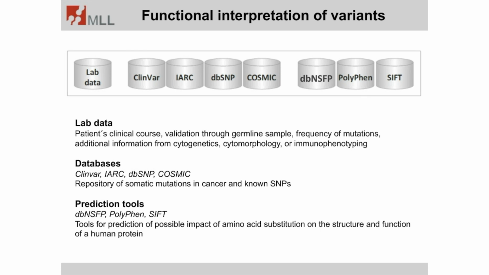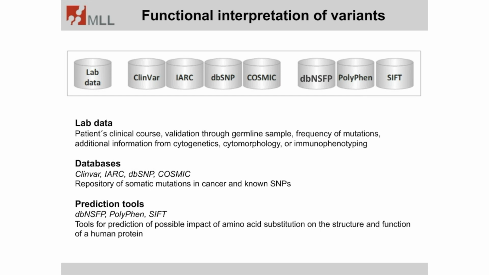Most important is the lab's own database, because we saw a lot of different cases over the last years, all from the field of leukemias and lymphomas. And we can also include the patient's clinical course and orthogonal information like cytomorphology, chromosome banding analysis, or immunophenotyping, and potentially the validation of mutations, where we are not quite sure what they mean, by germline controls.